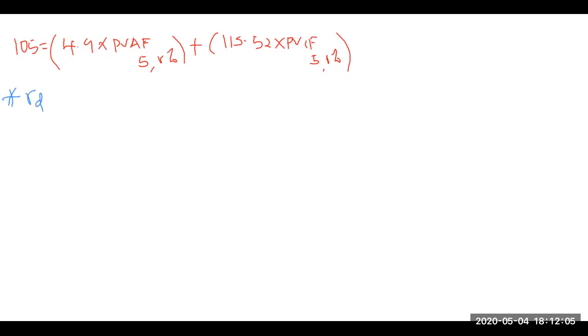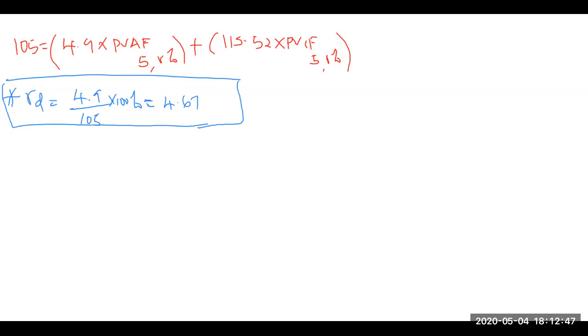The cost of that bond will be equal to Rd, 4.9 divided by the market value of 105, expressed as a percent, which gives us 4.67. But you don't need to do this in the main exam; you can simply do it from a calculator. To reduce the number of trials, the cost of a similar bond is 4.67.